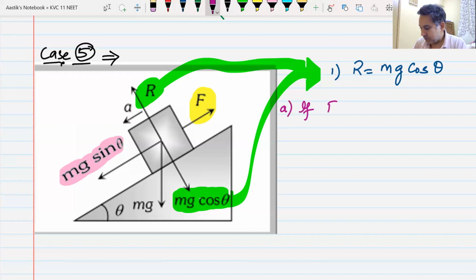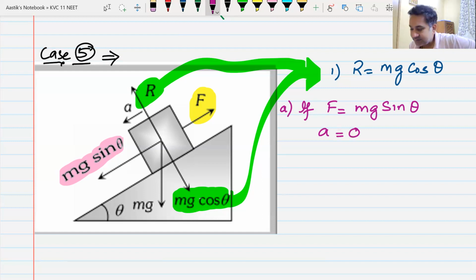If F is equal to mg sin theta, they both can be equal. Then what will happen? If F, the upward force, and mg sin theta, the downward force, are both equal, then the net force on the block becomes 0 and the acceleration becomes 0.